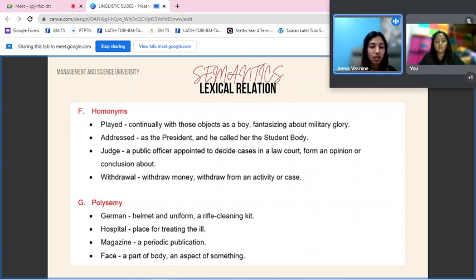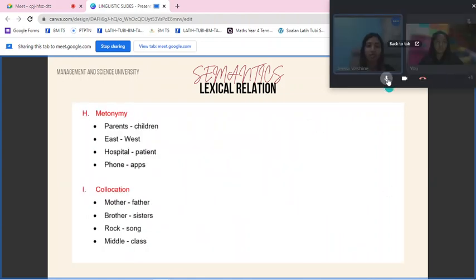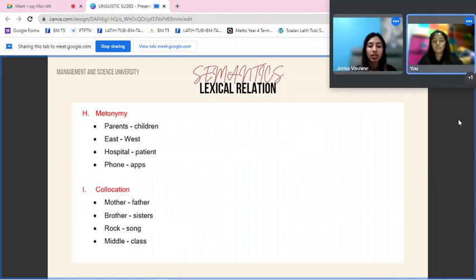Next is hospital, a place for treatment for the ill, and also for magazine, a periodic publication. And lastly is face, a part of body and an aspect of something. That's all.